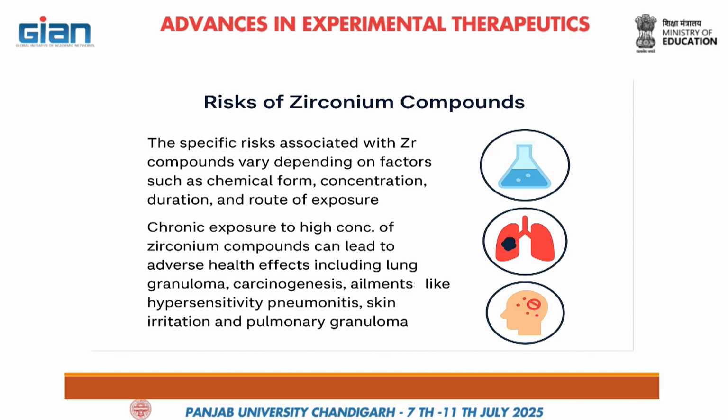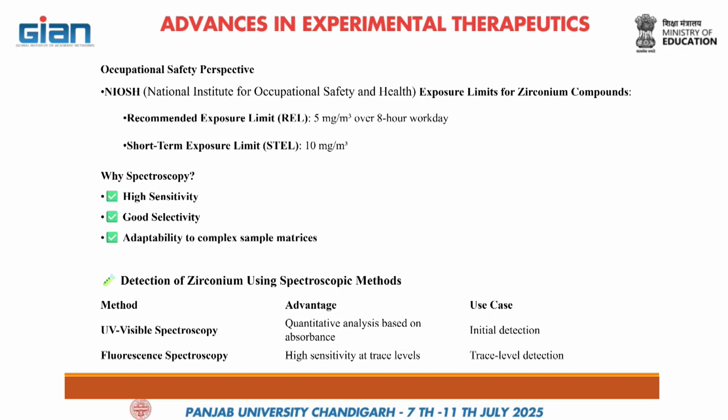Chronic exposure to high concentrations of zirconium compounds can lead to adverse health effects including lung granuloma, carcinogenesis, pneumonitis, skin irritation and pulmonary granuloma. NIOSH has determined the exposure limit for zirconium compounds to be 5 mg per meter cube over an 8-hour workday. The short-term exposure limit was determined to be 10 mg per meter cube.